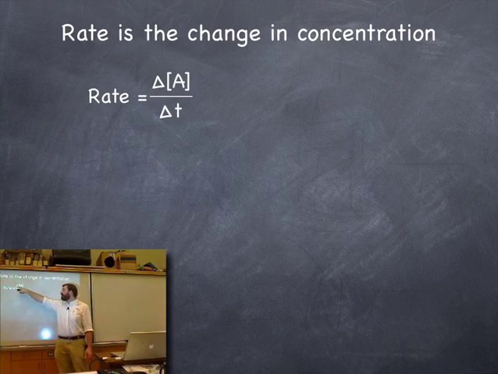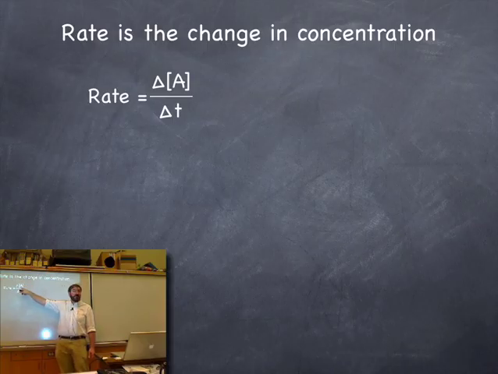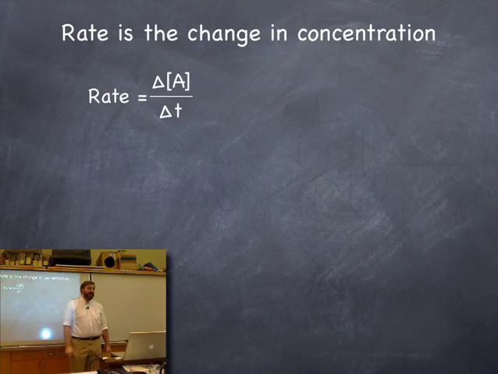We use the square brackets, again, to represent the concentration, typically molarity, of the substance in the square brackets. So the rate of a chemical reaction is the change in the concentration divided by the change in time. So how much does a concentration change, divided by what amount of time did that change happen in?